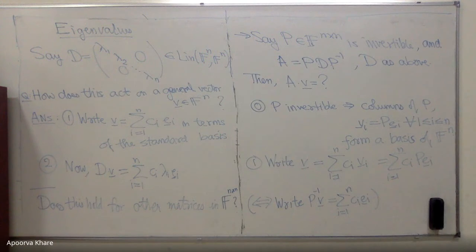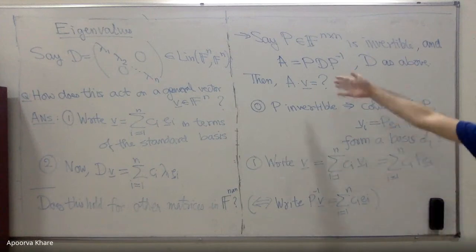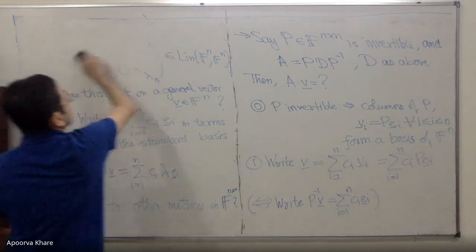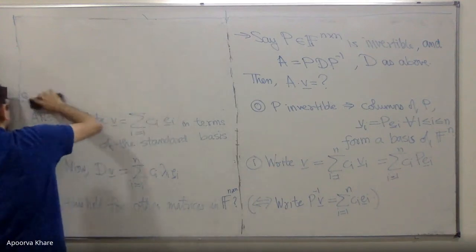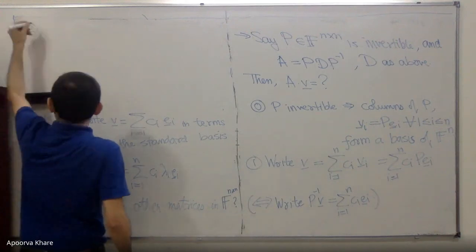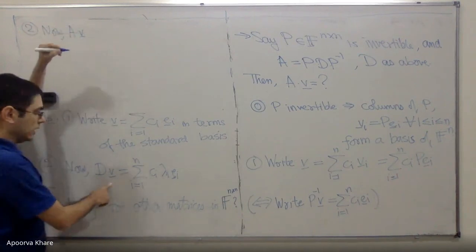Let me do that here as well. And now you can write down what is A times B. That is step 2. I'll just do it here. So now A times B is how much?